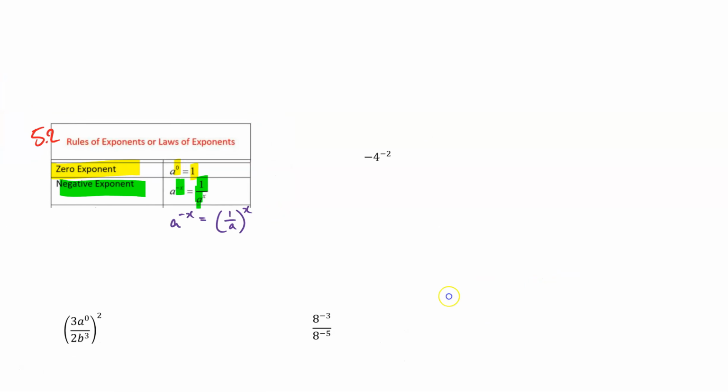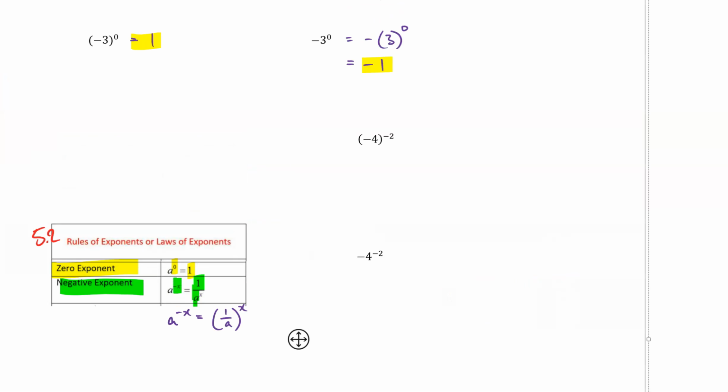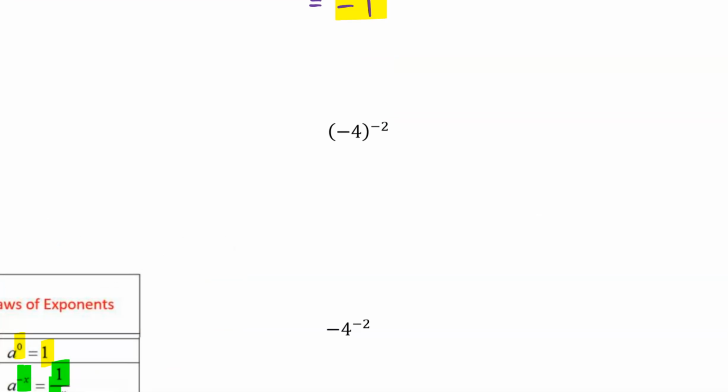Our first one is this (-4) to the exponent -2. Let's handle this in two stages. We're going to deal with the negative first, and then we're going to deal with the 2, in that order. The negative on the exponent causes the -4 to flip upside down and become 1 over -4.